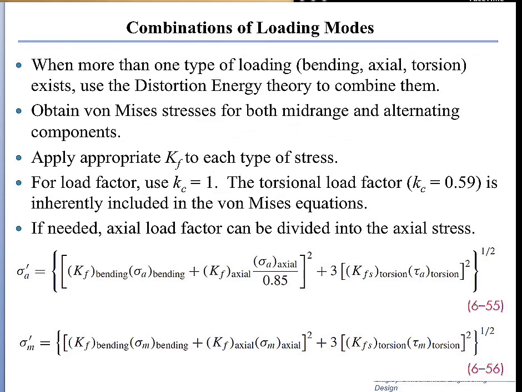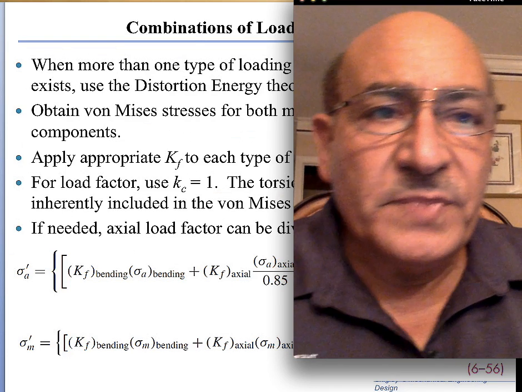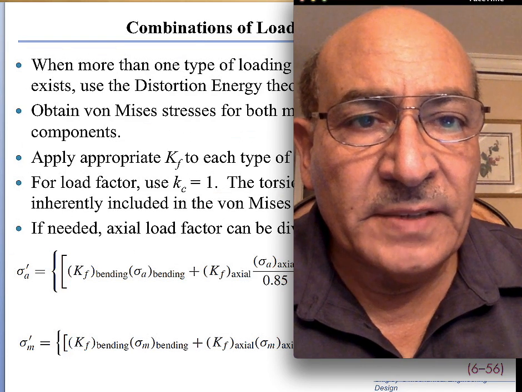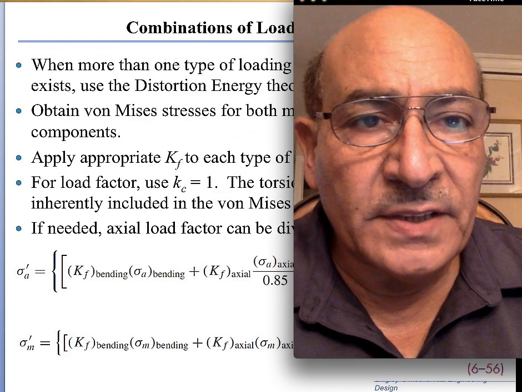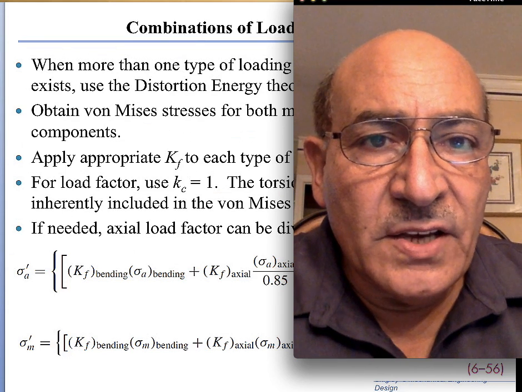Now, if we have a combination of stresses, the combination of stresses would usually come from a variety of sources. Those would be axial and bending and torsional in shaft design.